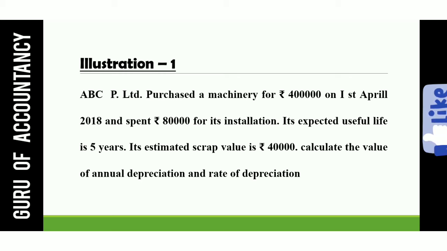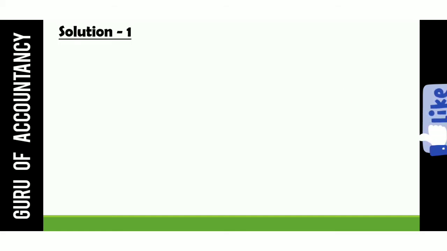So the total cost of this machinery is 4 lakh 80,000. At the end of 5 years, the estimated scrap value is 40,000. It will be deducted from the cost and divided by the number of years, that is 5 years. So you will get the amount of depreciation as per the straight line method.